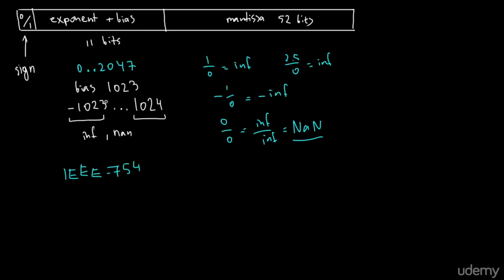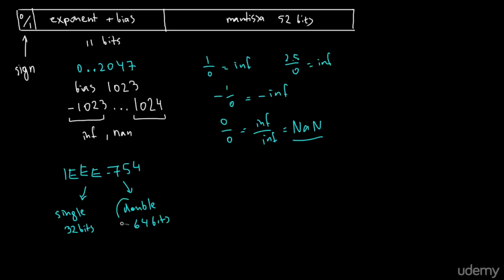Essentially, it mandates two different sizes of floating point numbers: single precision and double precision. Single precision uses 32 bits and double precision uses 64 bits.